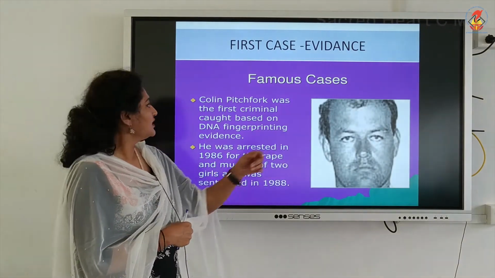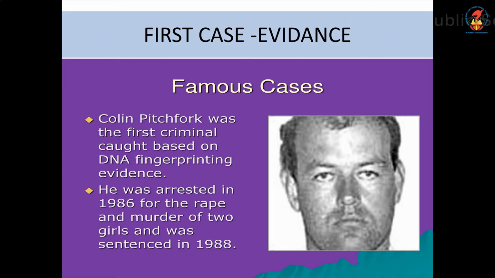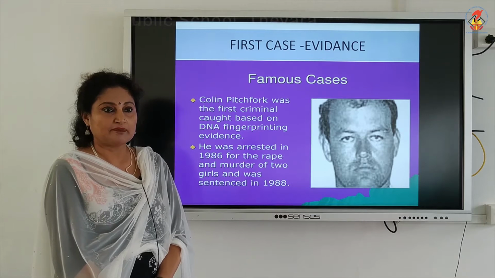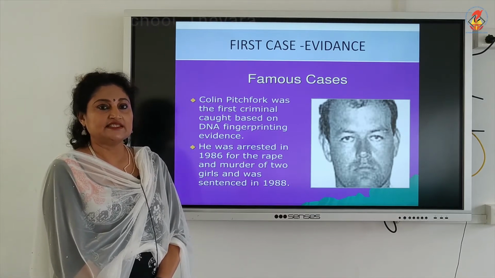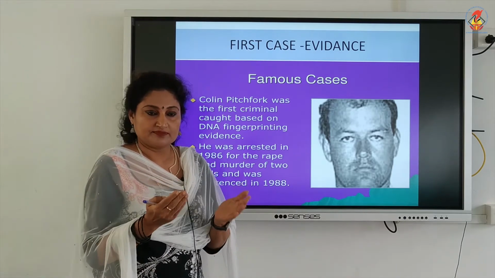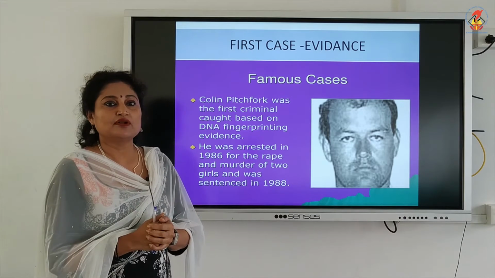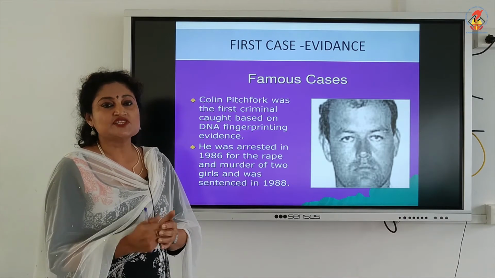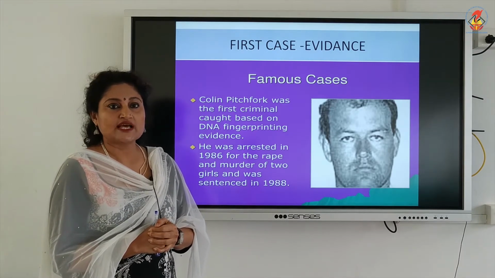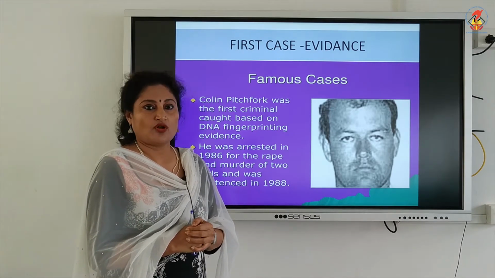He committed 2 murders, but before murders he raped and then murdered 2 15-year-old kids in England, and he denied the charges. But finally he had to give up and was sentenced in 1988 when his DNA sample from his blood was matching with the sample obtained at the crime site. Henceforth, DNA profiling or DNA fingerprinting was used as an evidence in the court of law.